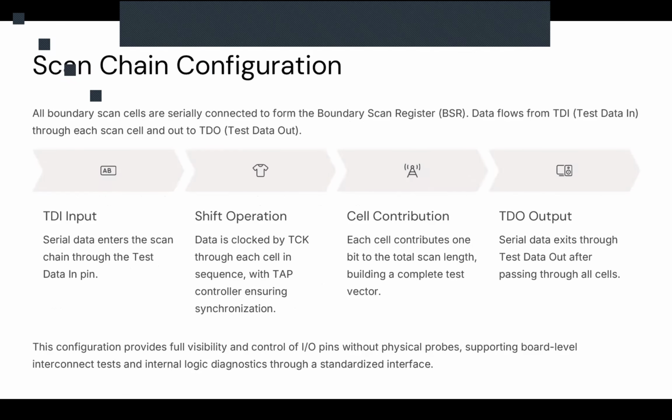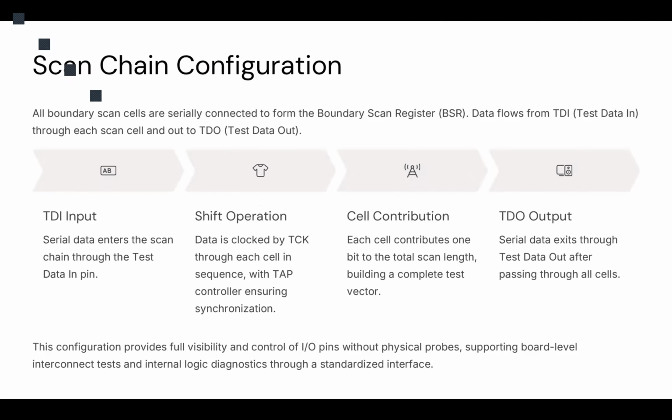Now that we know the types of the cells and we know that they are connected in series, let's talk about the chain configuration. When we say these are serially connected scan cells, what do we mean? Let's see what the scan chain actually is. Basically, the scan chain is the serial interconnection of all those boundary scan cells.